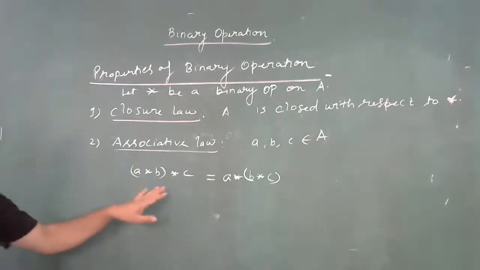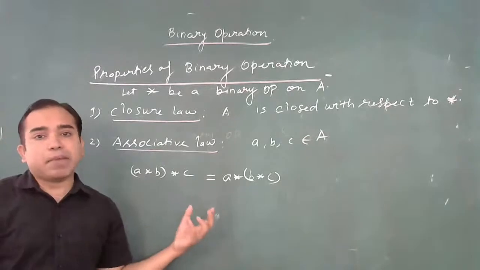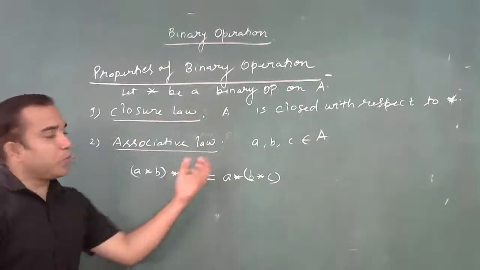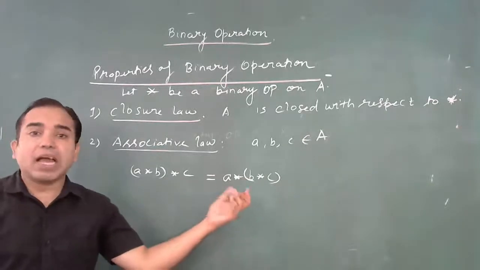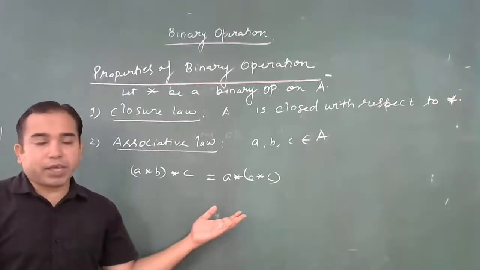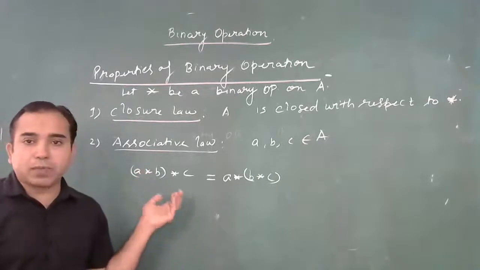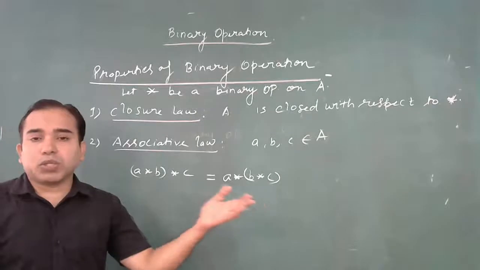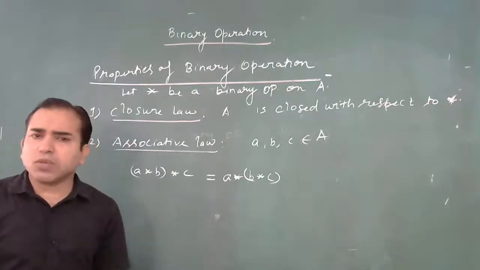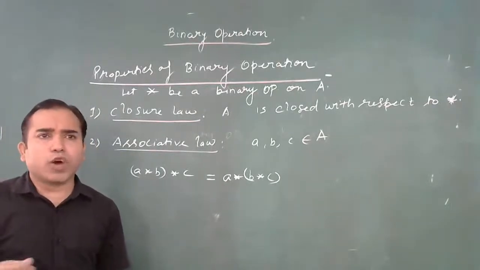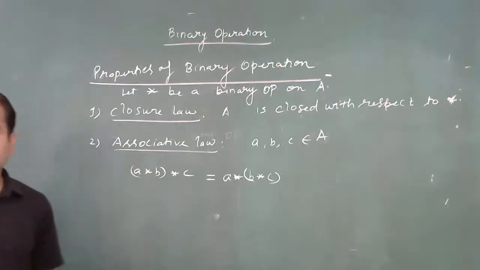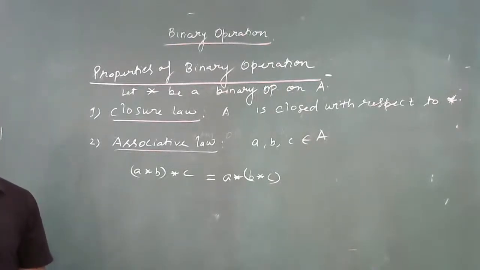Means without changing the position, you can group them in any manner. A, B can be taken together, or B and C can be taken together. And note that I have not changed the position, right? A was on first place, B was on second, and C was on third place, and so it is in the right side. So this is associative law, and you must have seen that this is true for addition binary operation. May not be true for every binary operation, but sometimes it is.